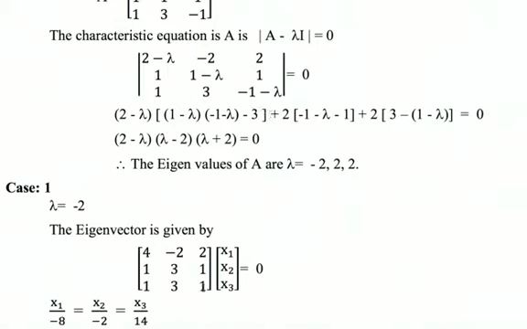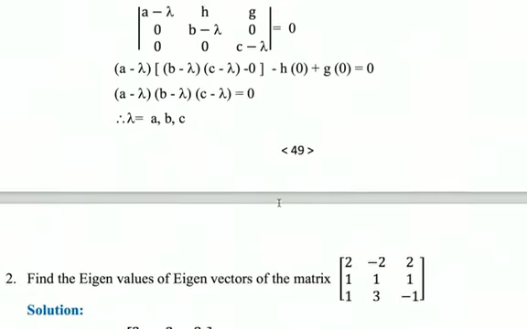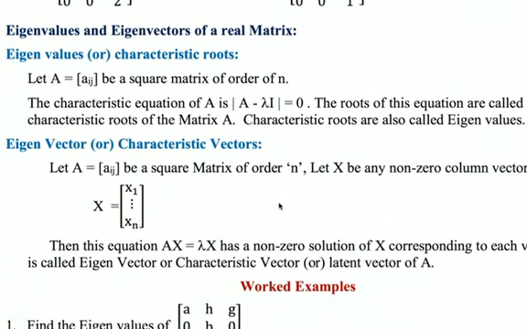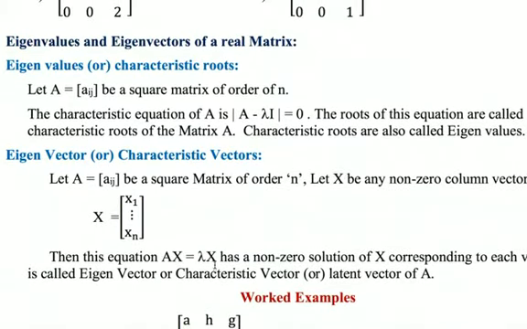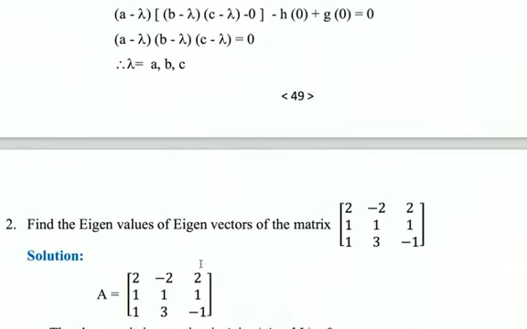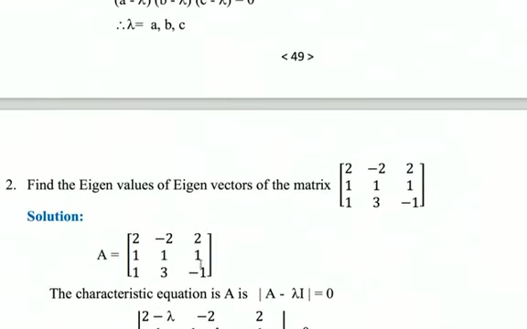So A minus lambda I. This is not a determinant, here we are not finding a determinant. Ax equal to lambda x: if you send this side to here and take the vector x common on the right side, you get A minus lambda I into x. So this is A minus lambda I.